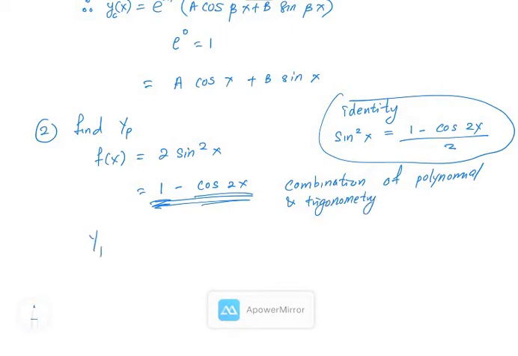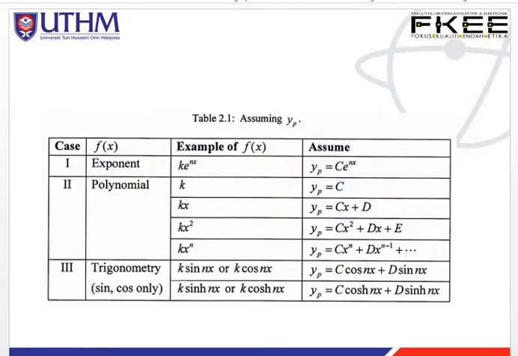Therefore, your yp is based on the table. Let's look at the table. So this is the table to assume the yp. So 1 is actually a polynomial, so yp is c, case number 2. And then another one is cos 2x.